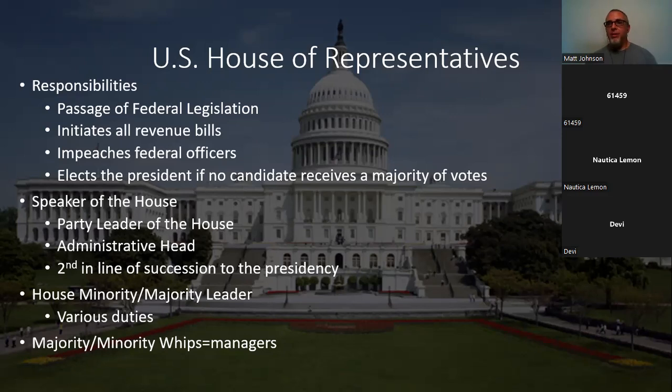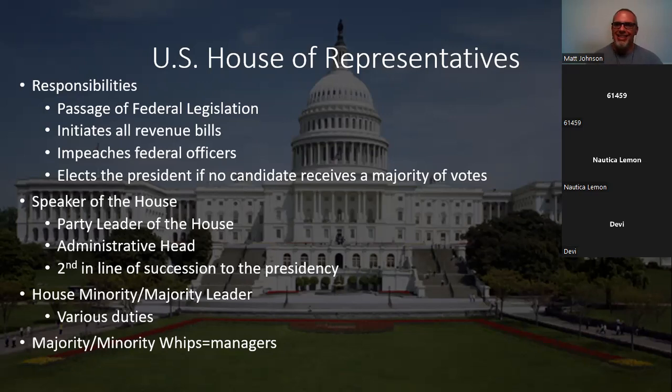But typically, because one side has a majority, they're the ones that are going to wind up electing the Speaker of the House. It is an influential position. It's more administrative. They work with building officials and the sergeant at arms and conduct of House hearings and things like that.